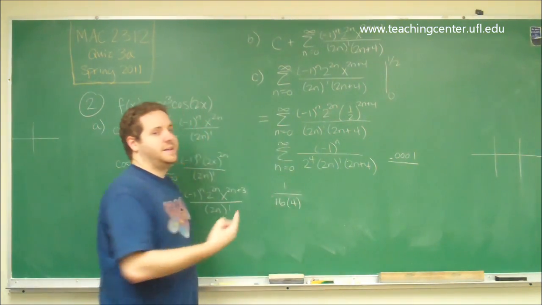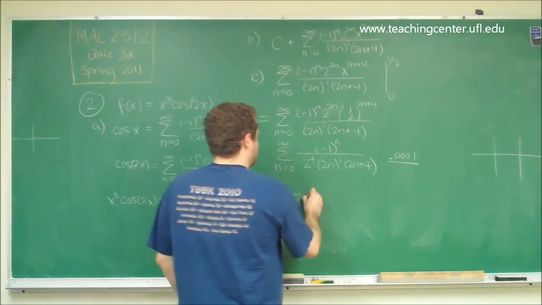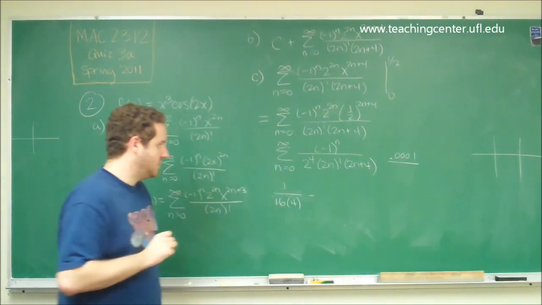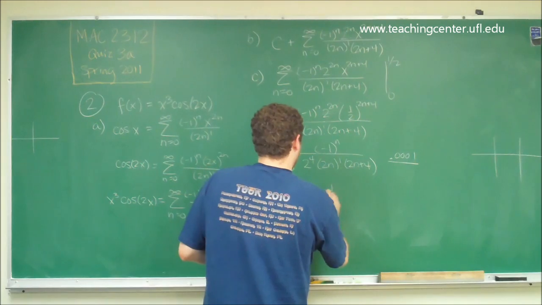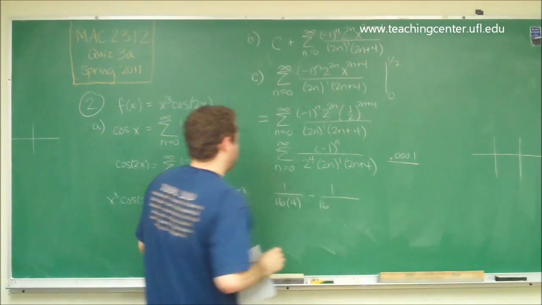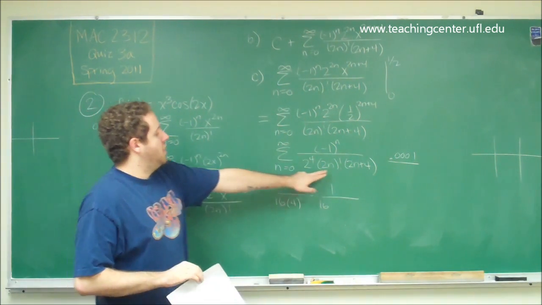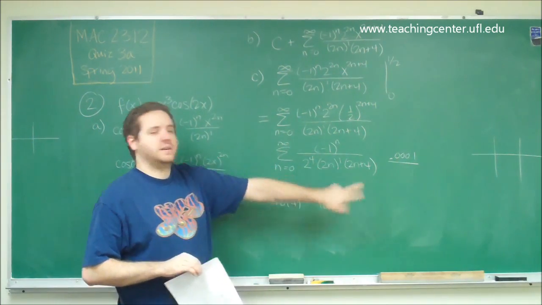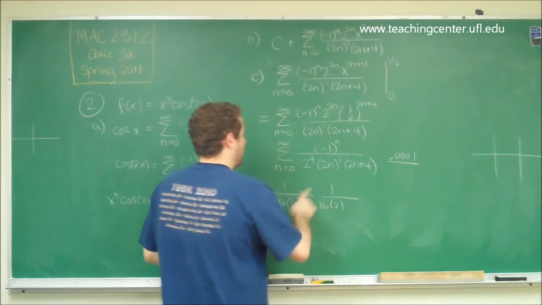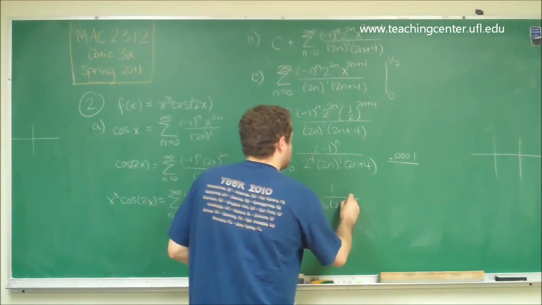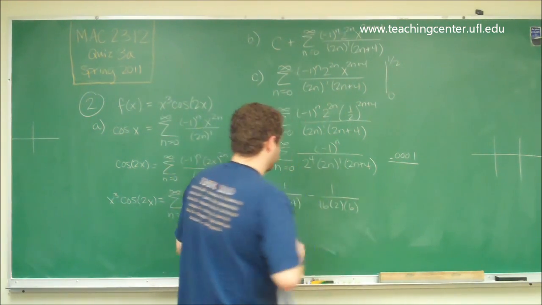So the next term is when n equals 1. The top tells us this is going to be minus. Again, we're going to have the 16 every time, no matter what. When n equals 1, we get 2 factorial, which is just 2. And when n equals 1 here, we have times 2 plus 4, so we get times 6.